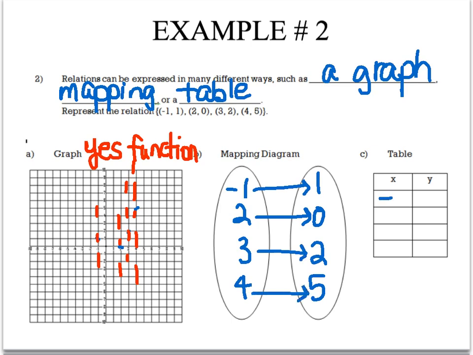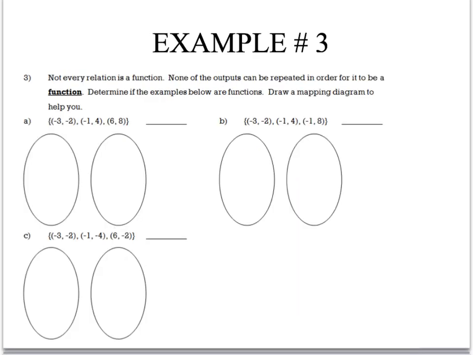In a table you've seen many times, we write the ordered pairs as an x coordinate and a y, like so. So those are the 3 different ways to write a relation, and all of this set or this relation is a function.